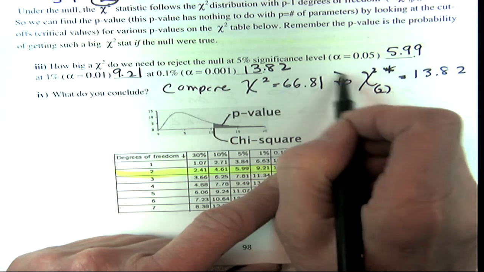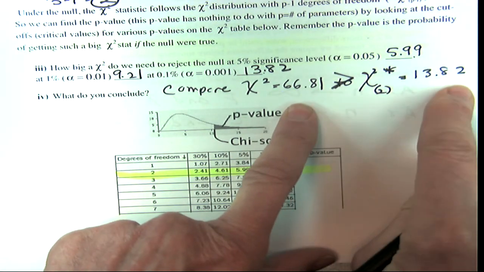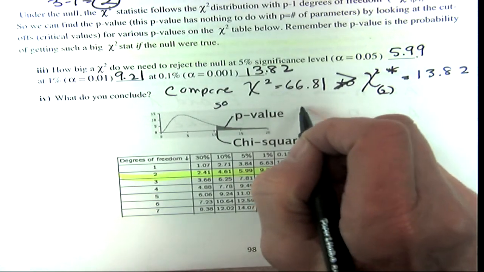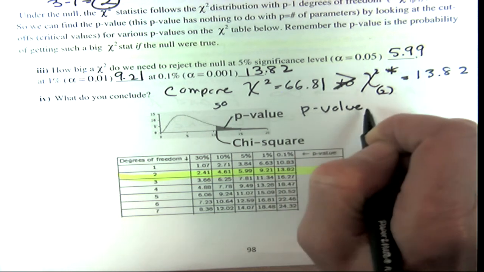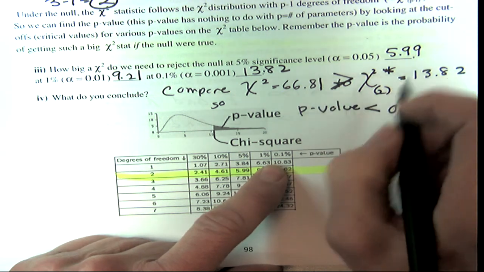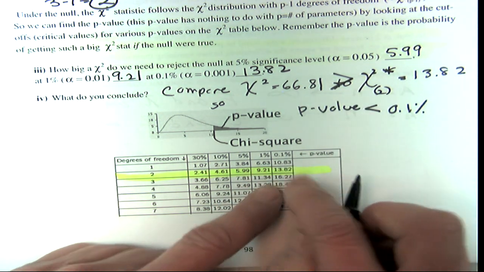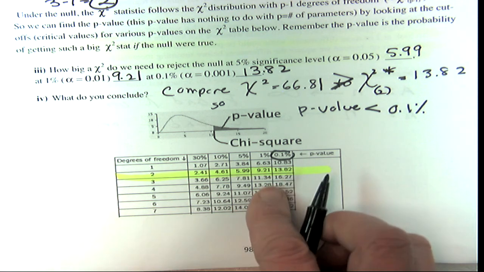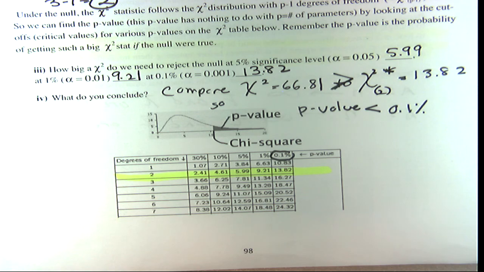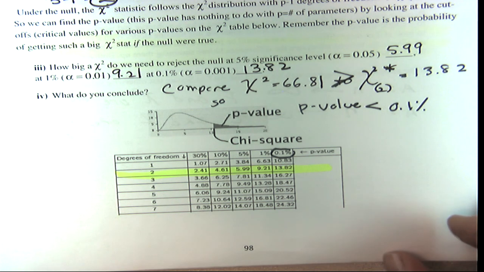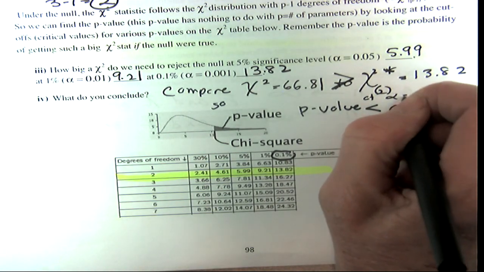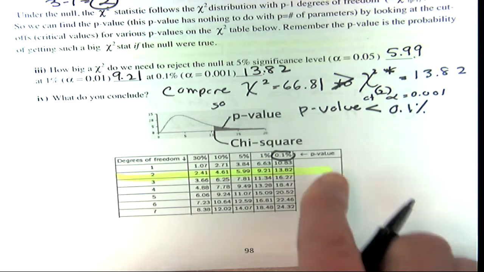This is greater, that means it's further out, and so the p-value is less than 0.1%. That is at alpha equals 0.001, it's right here. If it's less than 0.1%, it's certainly less than the rest of them. Does that make sense to everybody? I should say, we could say at alpha equals 0.001. That's what we did.